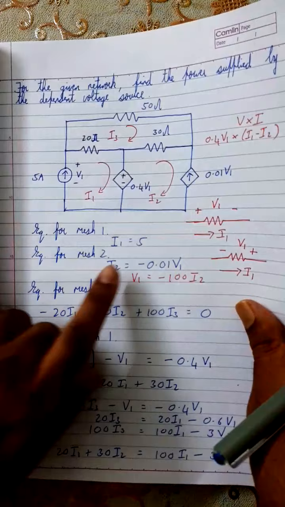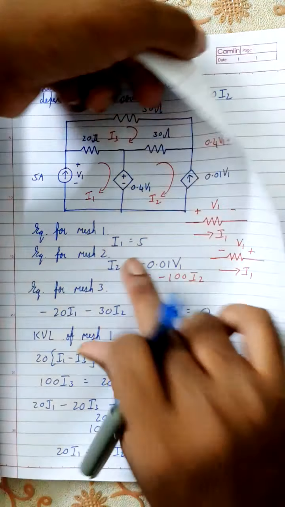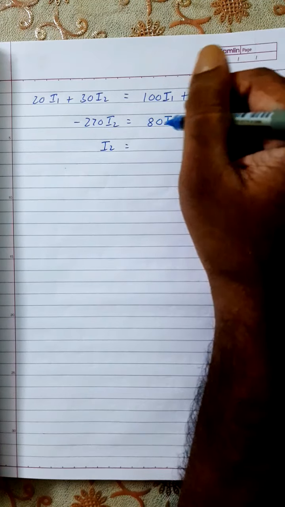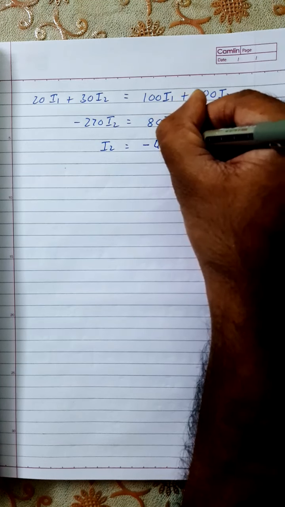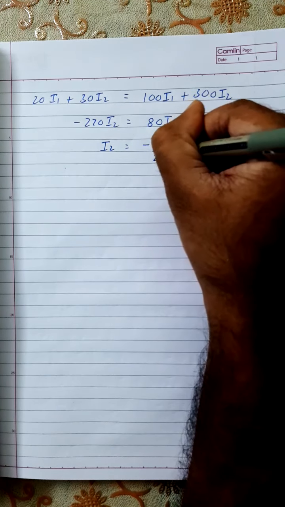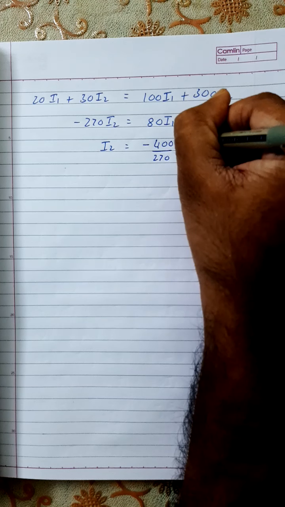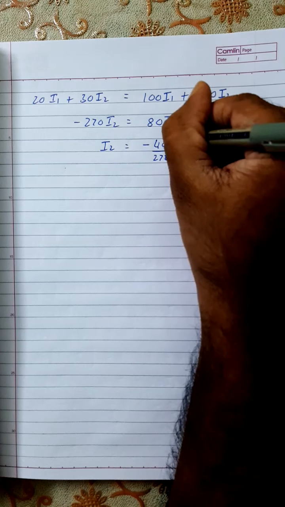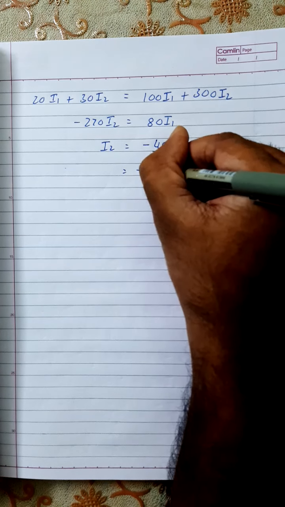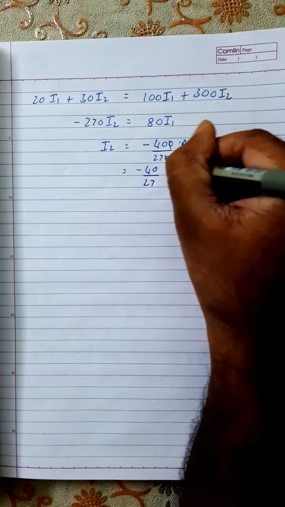We already know I1 is equal to 5. Therefore, 5 into 80 is how much? 400. So this is minus 400 by 270 amperes. Maybe I can remove the 0 over here. So this is nothing but minus 40 by 27 amperes.